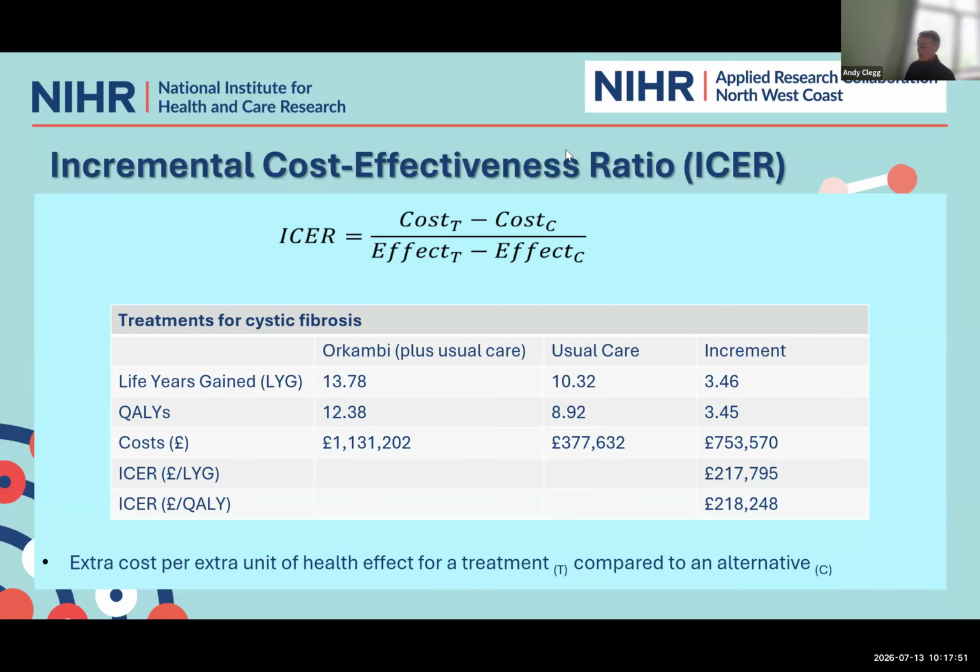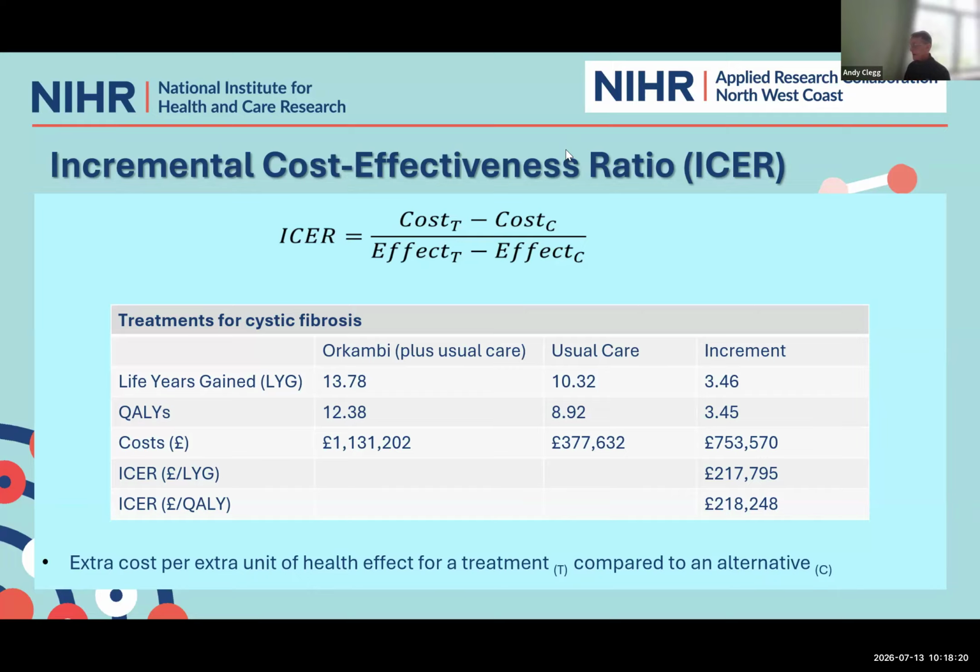So we're going to look at a couple of different measures for that. The first one is the incremental cost effectiveness ratio, but we're also going to look at the incremental net benefit as well. As it says on the slide, the incremental cost effectiveness ratio is basically the extra cost you get for every additional benefit that you get from comparing those two treatments, the new treatment and the previous usual care.